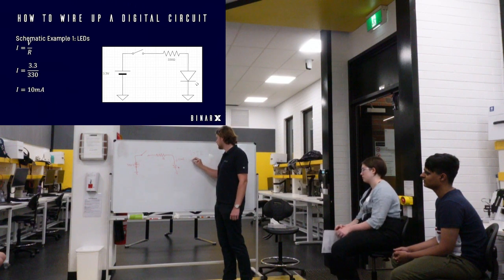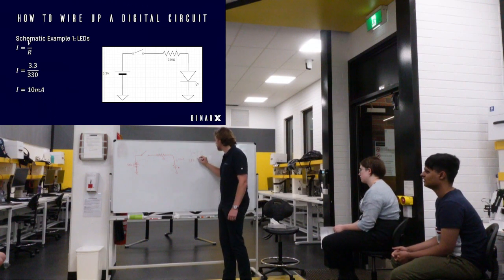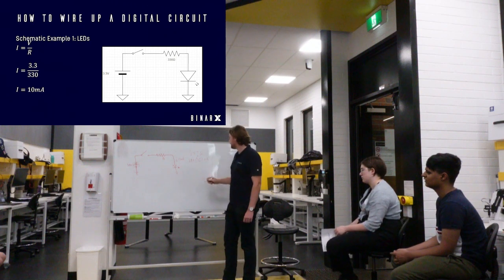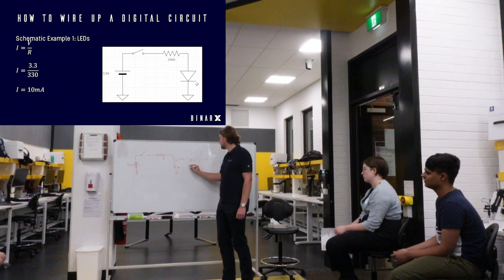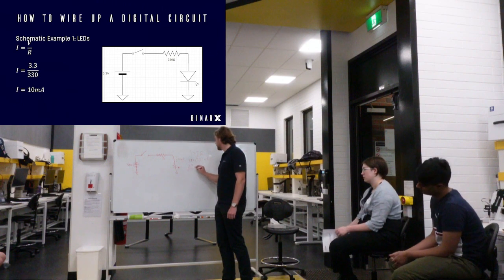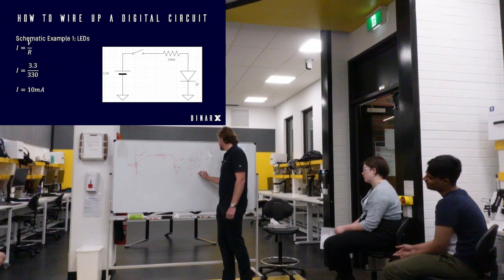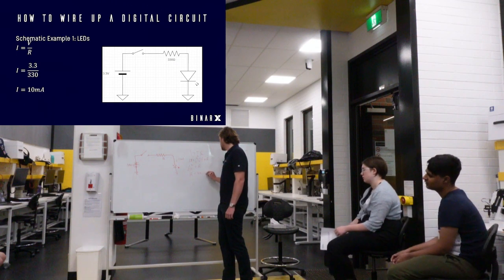Voltage is 3.3, which is equal to 0.01 times R, resistance. So 3.3 divided by 0.01 is equal to R, which, as I showed you already, is 330 ohms.